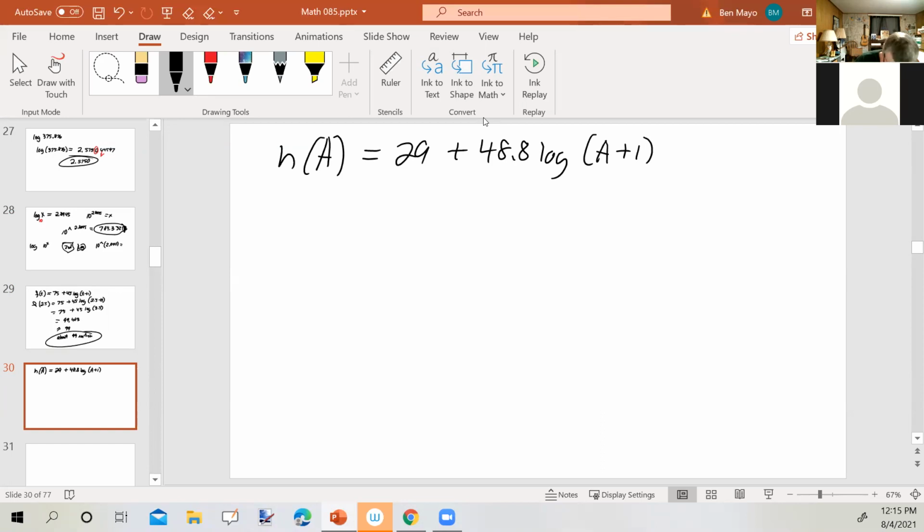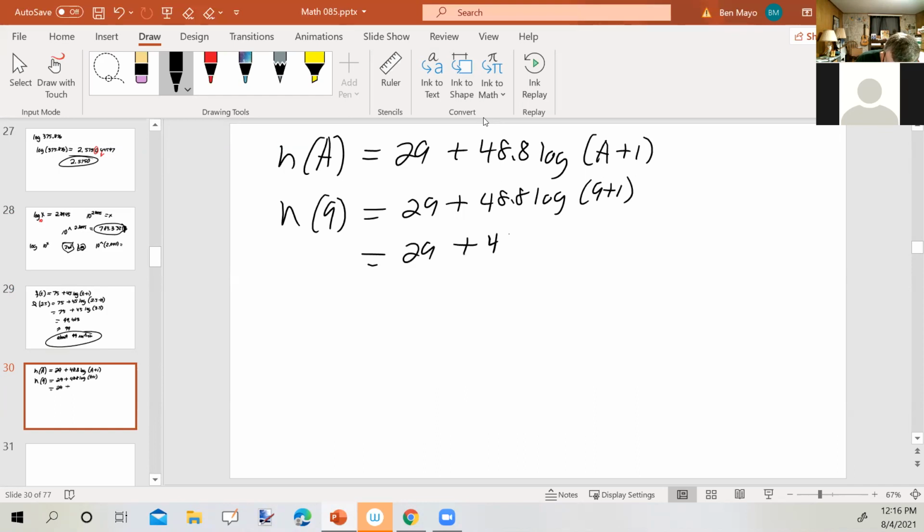So basically, h of 9 equals 29 plus 48.8 log of 9 plus 1, which is 29 plus 48.8 log of 10. Again, we're talking log base 10.